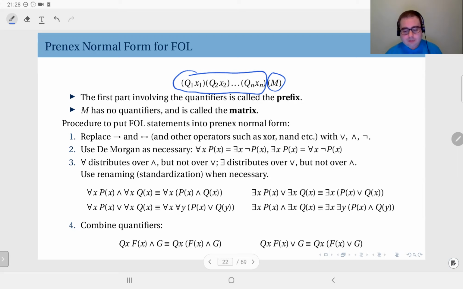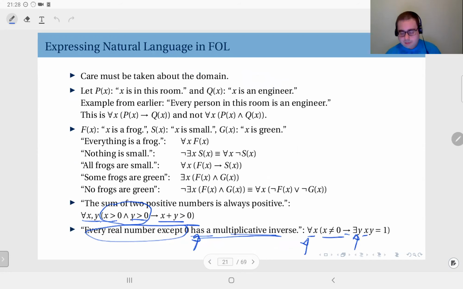So essentially, we would like to collect all the quantifiers at the left hand side at the beginning of the statement, and you do not want any quantifiers at the right hand side. So for instance, this example in the previous slide, you see I have a quantifier appearing here. Therefore, this is not in Prenex normal form.